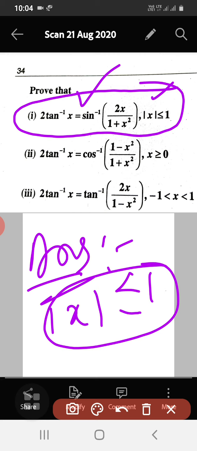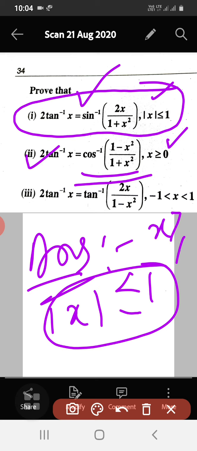Another question: write the value of x for which the result 2 tan inverse x is equal to cos inverse of 1 minus x square by 1 plus x square holds good. What is the condition? We have to write x greater than or equal to 0.